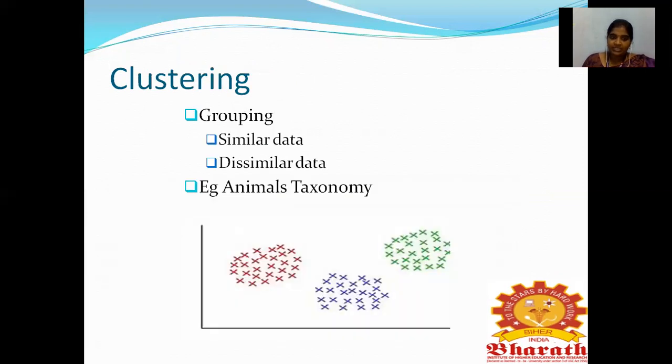Then the second thing is clustering. Clustering is grouping the similar data: similar data into one part, and other similar data into another cluster. For example, it is helpful in animal taxonomy.